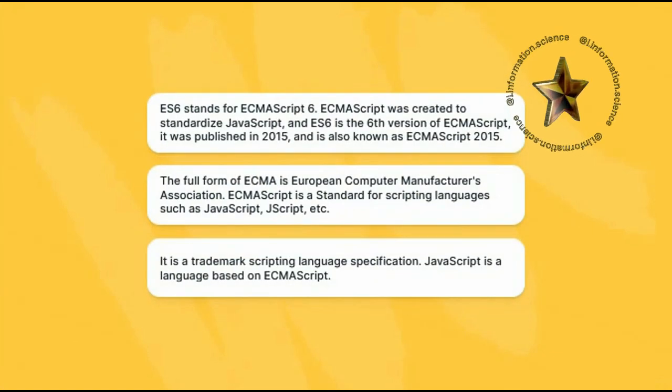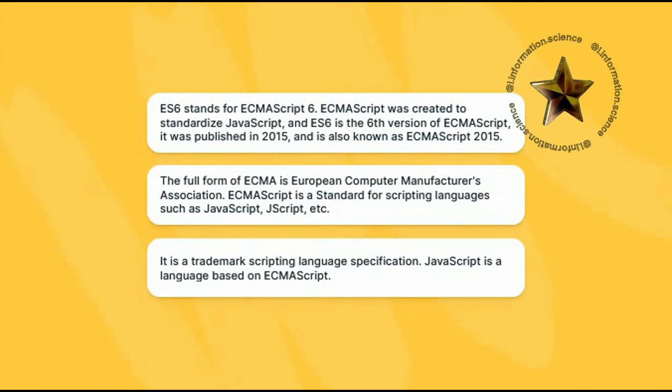ES6 stands for ECMAScript 6. ECMAScript was created to standardize JavaScript, and ES6 is the sixth version of ECMAScript. It was published in 2015 and is also known as ECMAScript 2015.